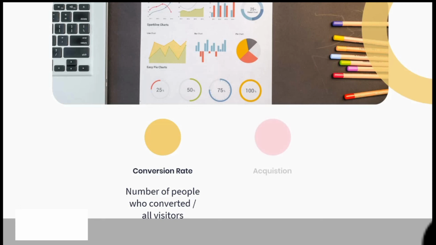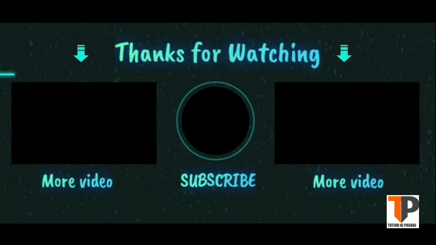Then we have acquisition, which is in this case referring to acquiring website visitors, not those who just converted. When looking at acquisition, which you will do a lot in analytics, you'll see various sources like direct, paid search, organic search, social, referrals, and you want to know where these acquisitions came from to see how they're performing.